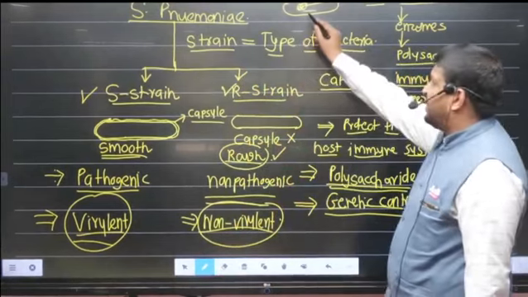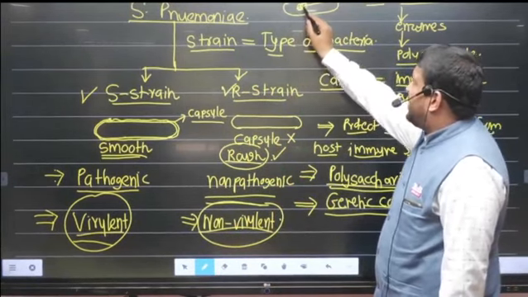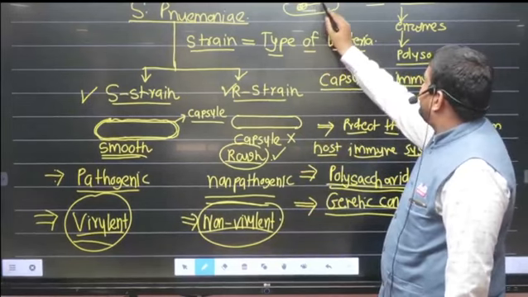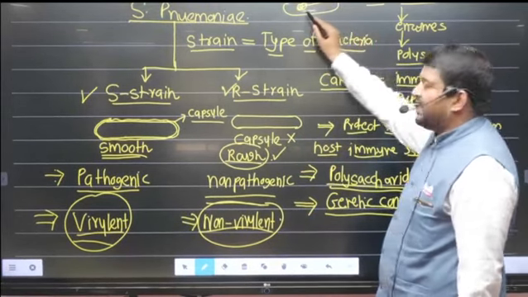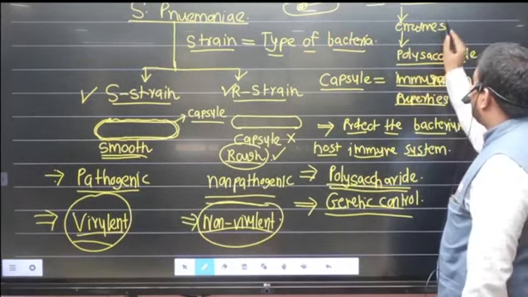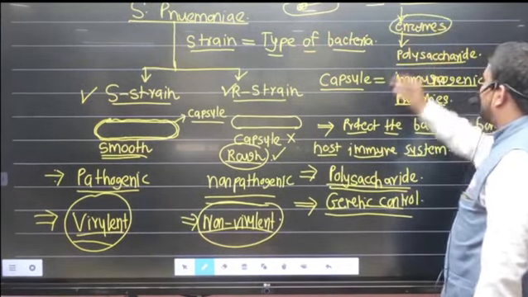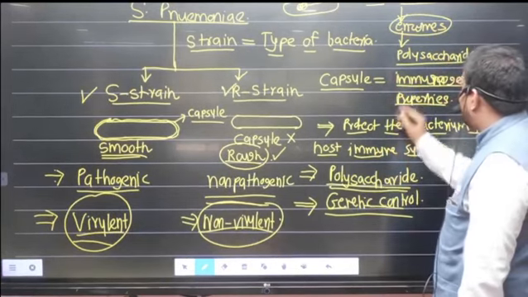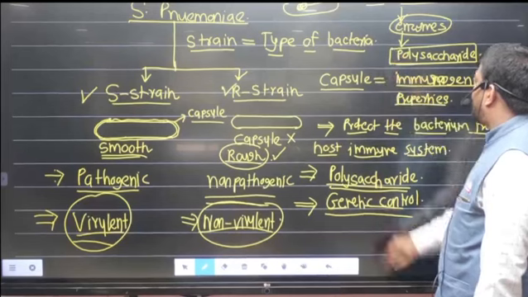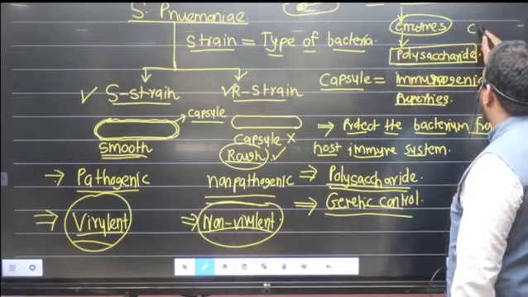Here we elaborate: the S strain has capsule encoding genes in its genome. These genes express to form various enzymes, and these enzymes are responsible for forming a coat of polysaccharide, which is known as the capsule.